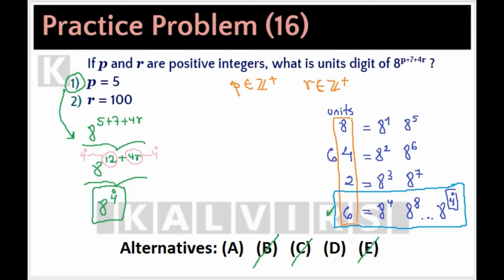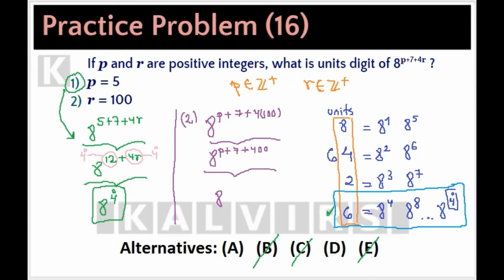Now, from statement 2 alone, r is 100. We have 8 to the p plus 7 plus 4 times 100. This is 8 to the p plus 7 plus 400, and finally we get that this power is equal to 8 to the p plus 407.